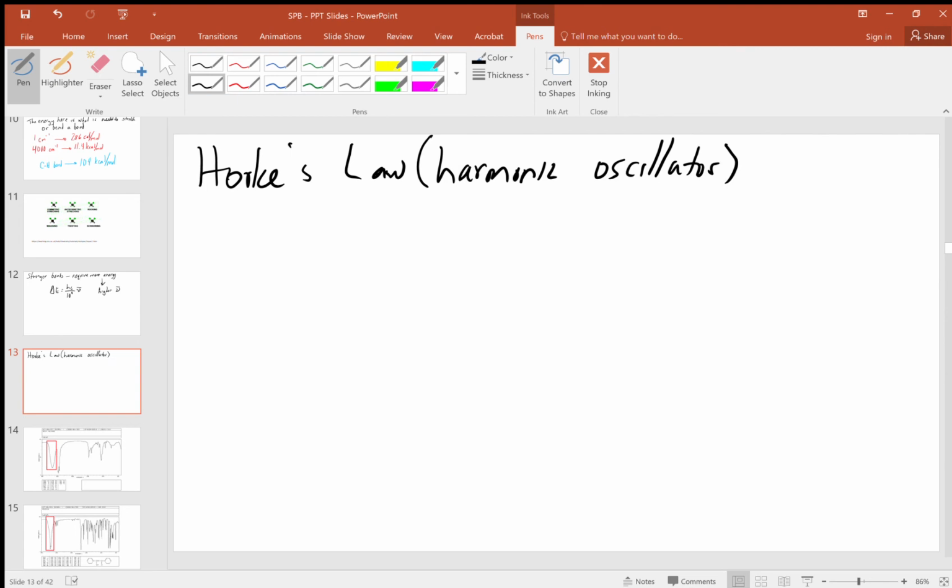But I want us to see the equation that's involved here because it helps us to see how different things affect the wave numbers.